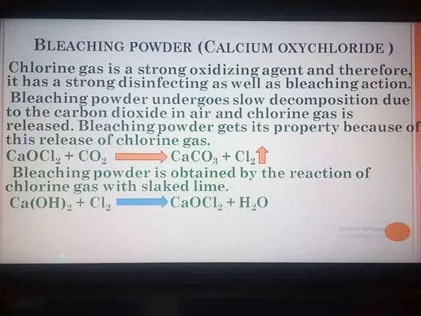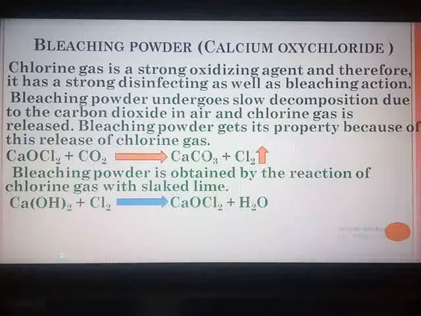A large number of bad microbes affect your water, especially in the rainy season, or after different people swim in the swimming pool, the water becomes infected. To disinfect that water and make it pure, chlorine is added to it, and hence you get that typical smell of chlorine.